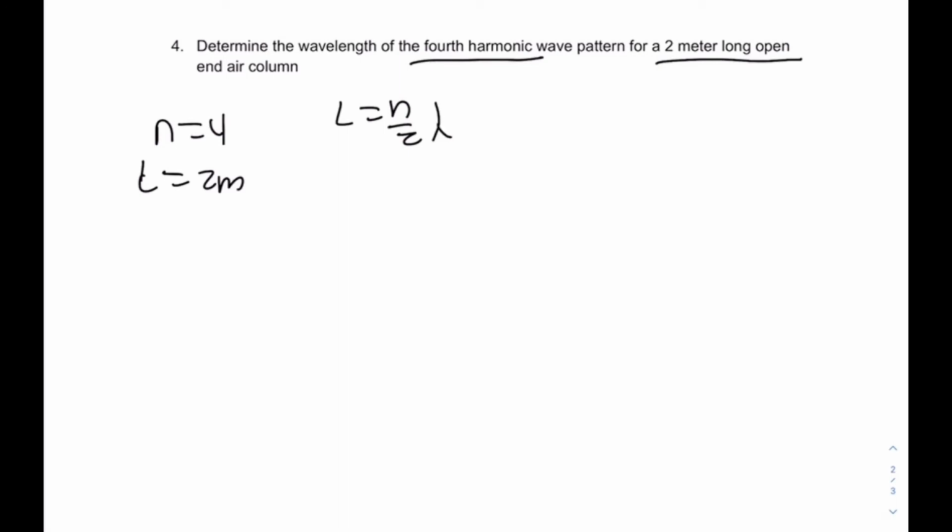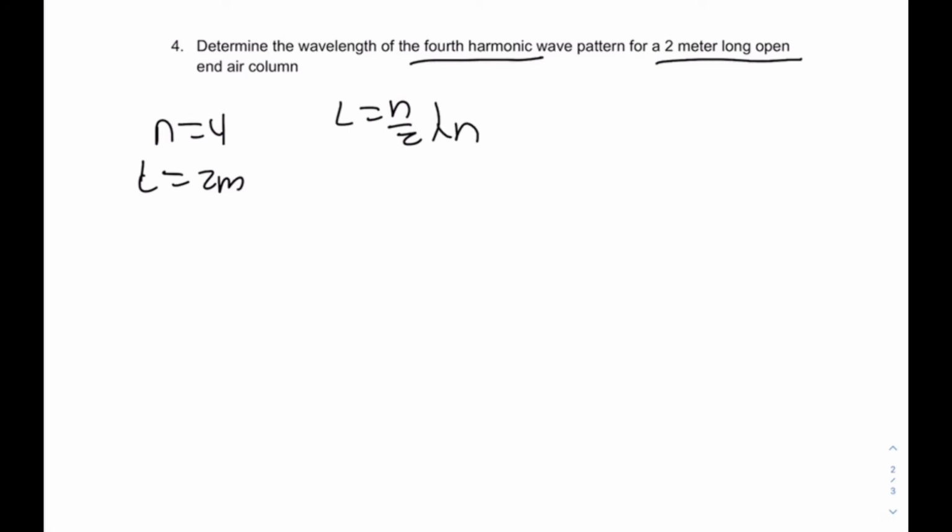So for this problem, you're going to be determining the wavelength of the fourth harmonic wave pattern for a 2-meter long open-end air column. So n equals 4 because it's the fourth harmonic, and L equals 2 meters because it's 2 meters long. And then the formula you're going to be using is L equals n over 2 lambda n.